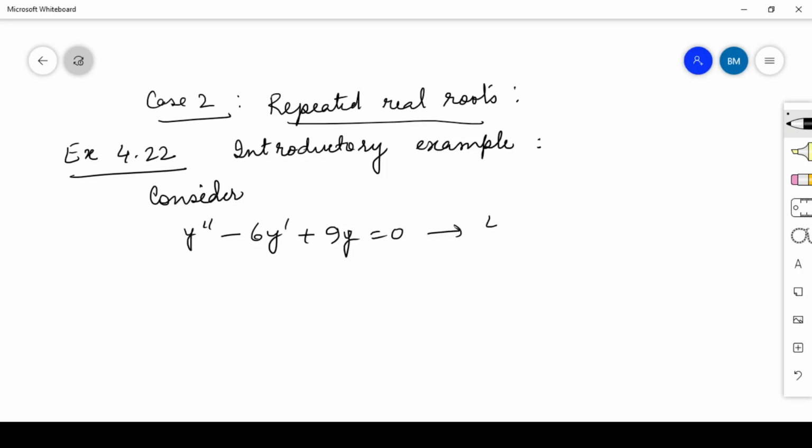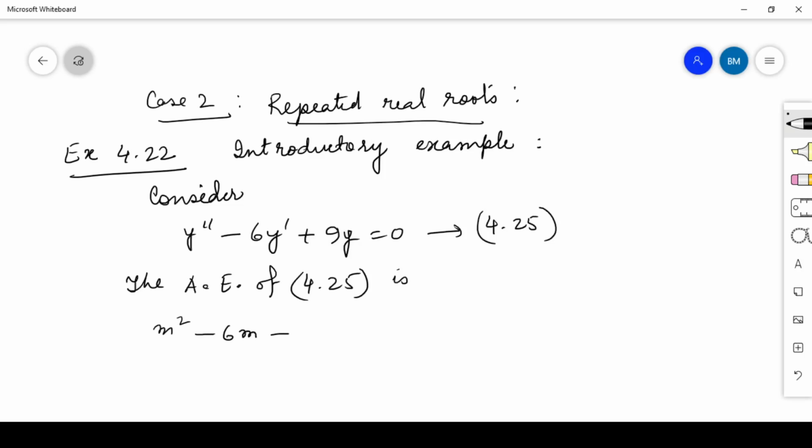So call it equation 4.25. Let us write the auxiliary equation. The auxiliary equation of equation 4.25 is, I just have to write m in place of y, and when the order of differentiation is 2, I have to write the power on m as 2. m squared minus 6m plus 9 is equal to 0.